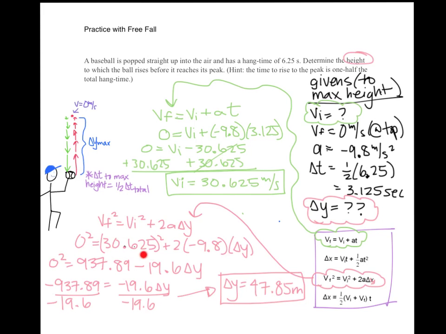Final velocity squared equals initial velocity squared, plus 2 times negative 9.8 times our change in y, which is what we're looking for, our vertical displacement. And then it's just an algebra equation. So you should have gotten 47.85 meters or 47.9 meters. And that represents how high the ball goes up before it comes back down.